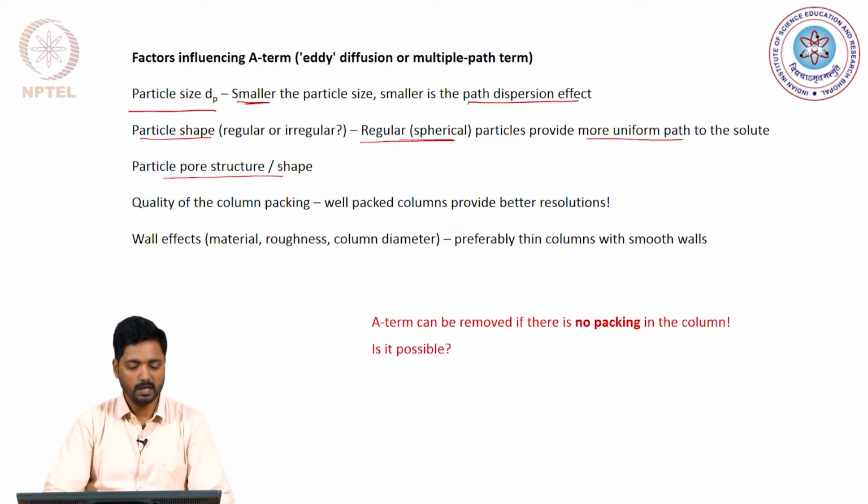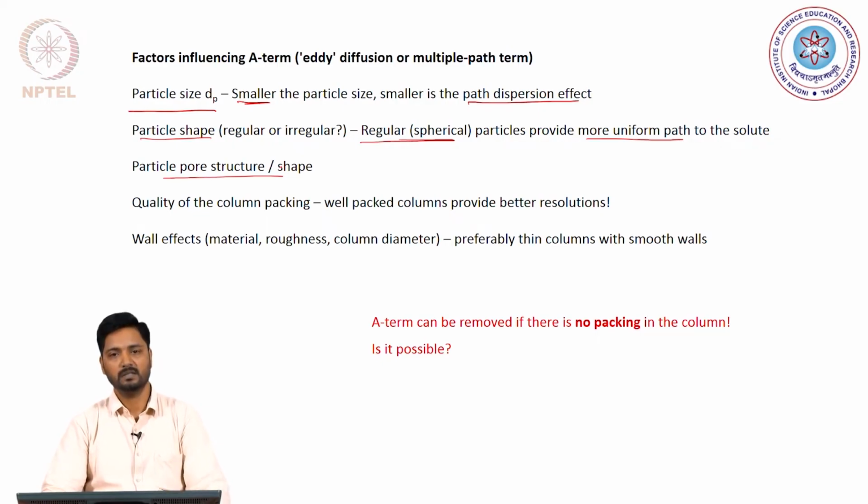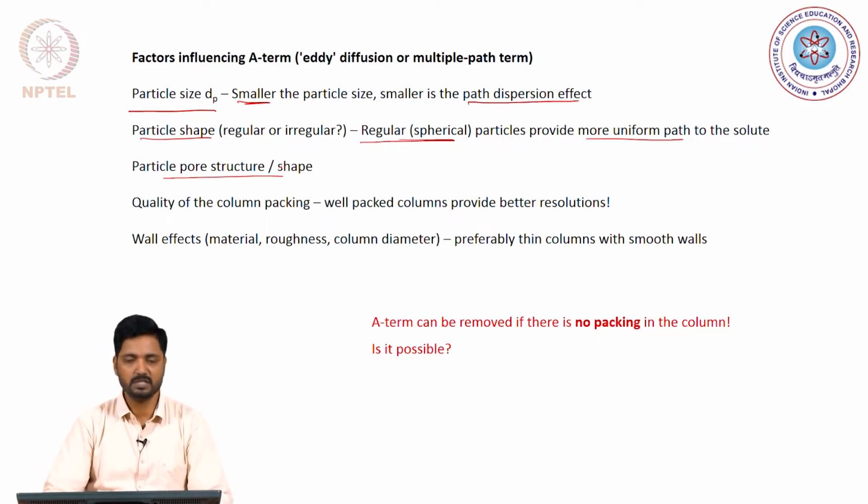Finally, the quality of the column packing is also very important. Indeed, in achieving the highest efficiencies, we require columns that are very properly packed, and there are specialized apparatus available to achieve the best packing of chromatographic columns.